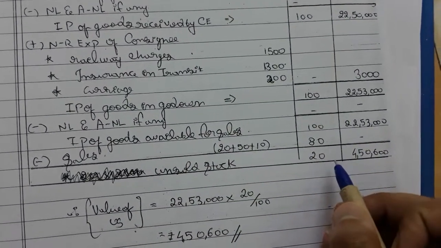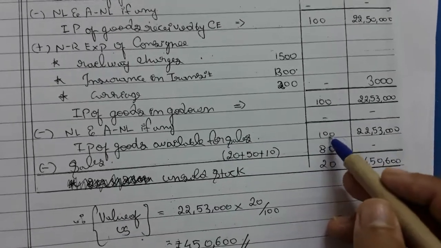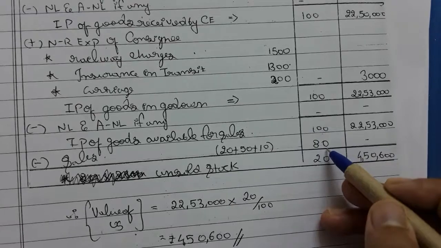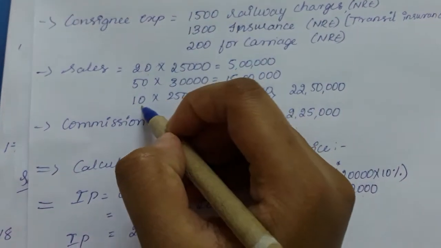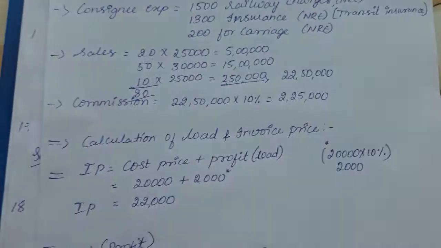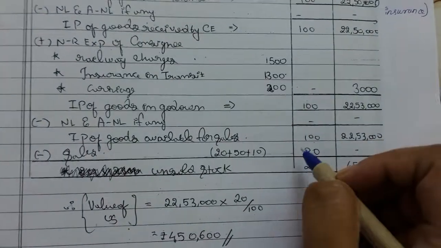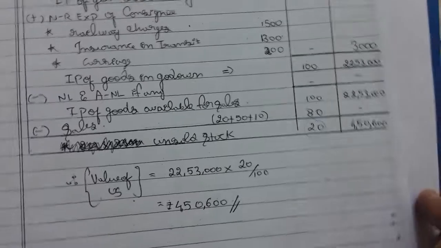So we are supposed to calculate the unsold stock. How will we calculate the unsold stock? That is units of goods available for sale minus units sold. How many units are sold? Here 20, 50 and 10, so 80 computers have been sold. 100 minus 80, so 20 computers are unsold.